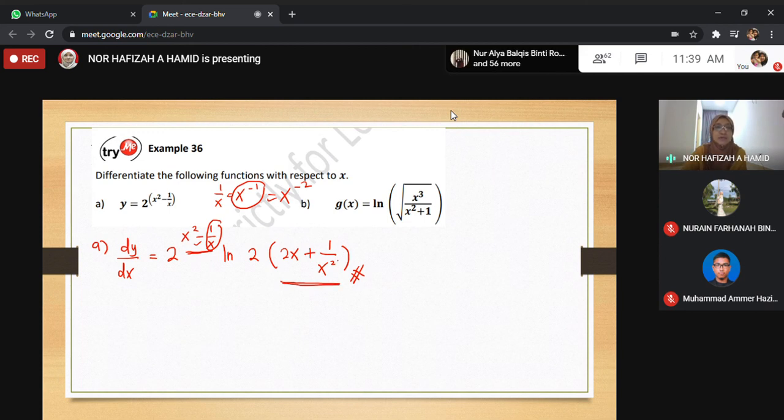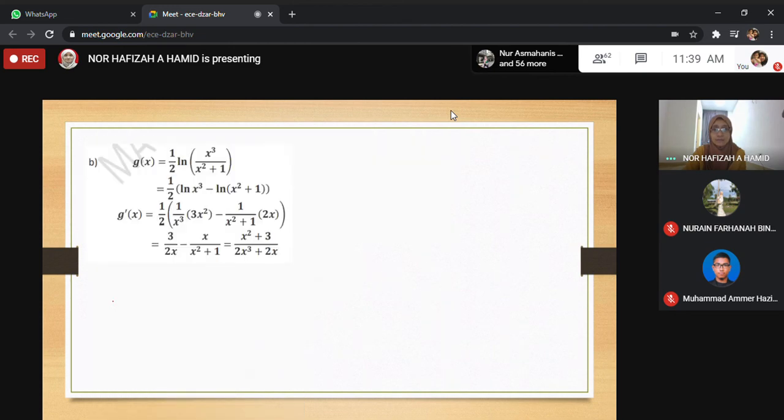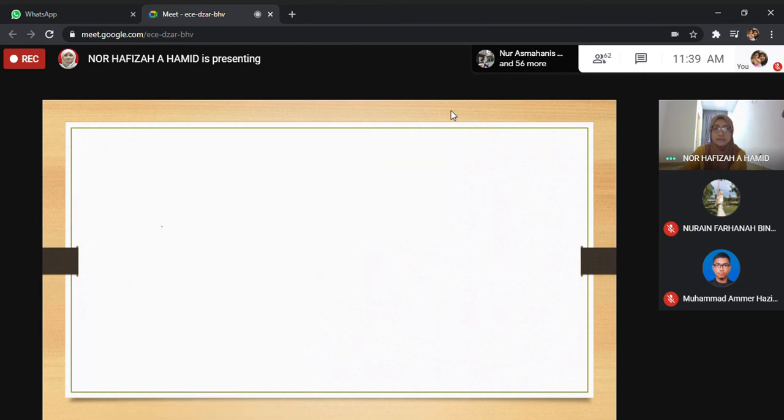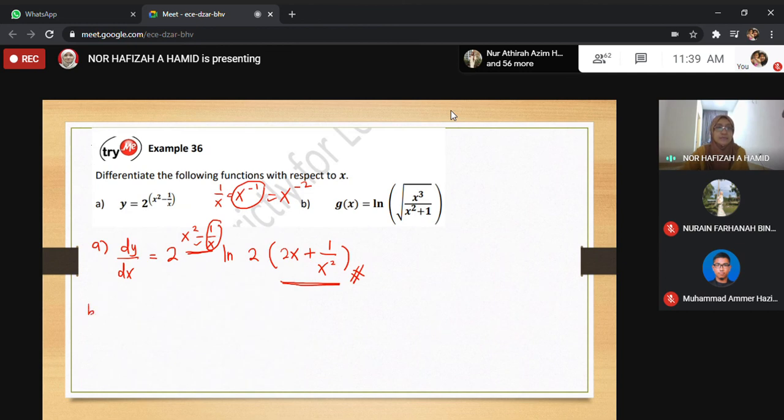Okay, so yang ni for A and next for B. Okay, so B is ln. So you can refer formula for ln. Tapi sebelum tu you boleh simplify dulu equation using rules of log. Sebab ini you ada power dia 1 over 2. So g x is equal to ln x cube over x square plus 1, okay, so dia 1 over 2.